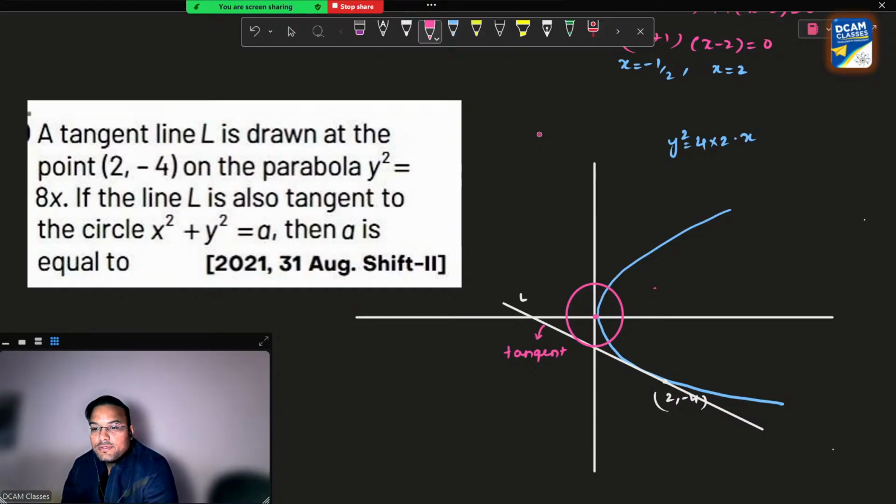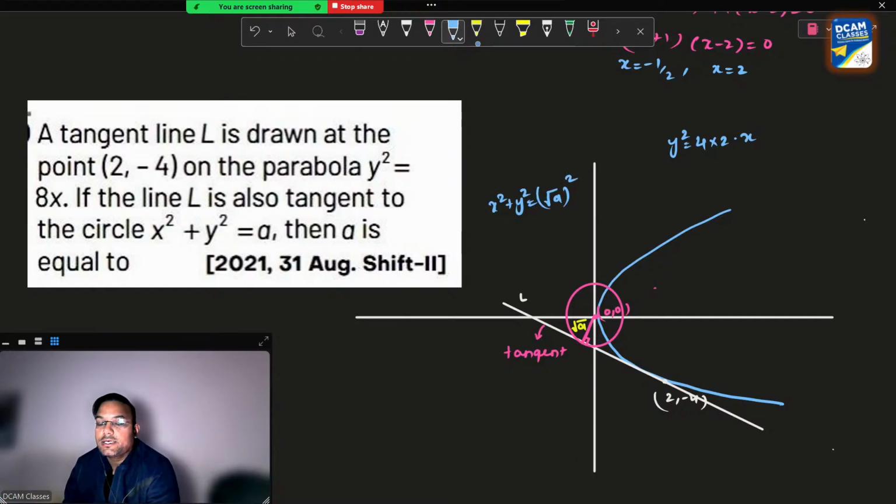Now the center of the circle is 0, 0. From this center, the length of perpendicular to this tangent shouldn't be equal to a because the radius is a, no, sorry. Shouldn't it be equal to root a, because the radius of the given circle x square plus y square is equal to a is root a whole square.